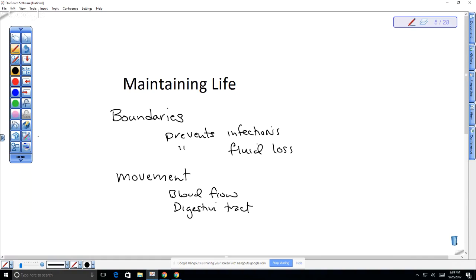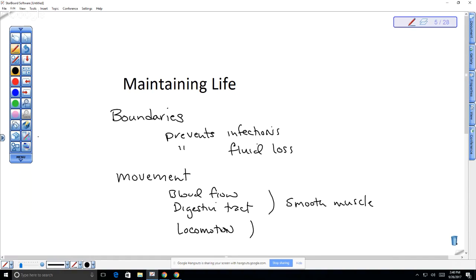Okay. What type of muscle is associated with blood vessels and the digestive system? What type of muscle, do you know? Smooth muscle. Okay. So this is smooth muscle. Okay. And so then we also have locomotion.